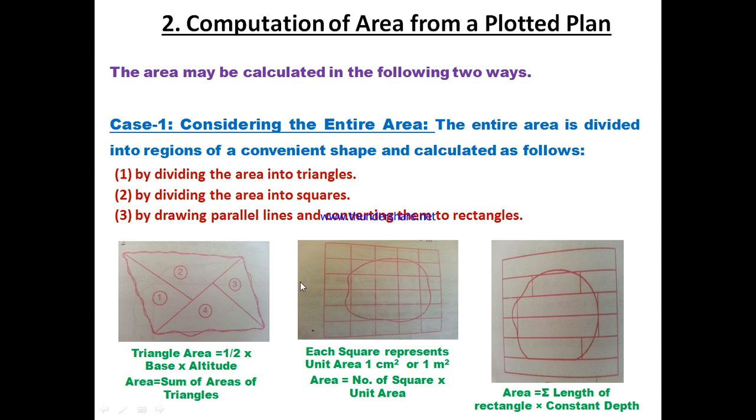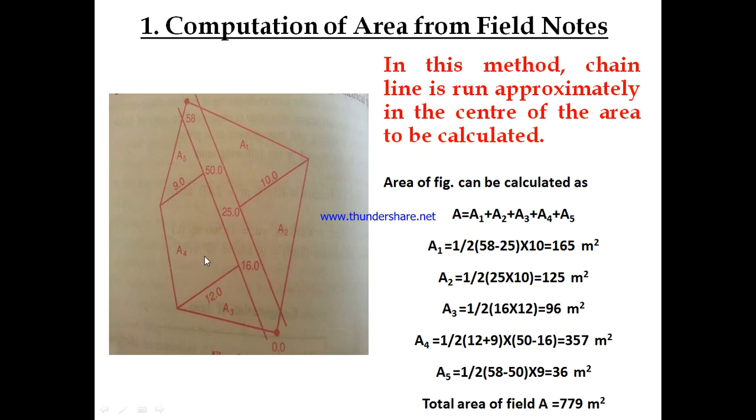Now the second one is the computation of area from a plotted plan. So in this particular case, in the first case we have the field notes. Field notes means we have all the dimensions. We have the length of the chainage, we have the length of the offset, and from there we are trying to calculate the area.